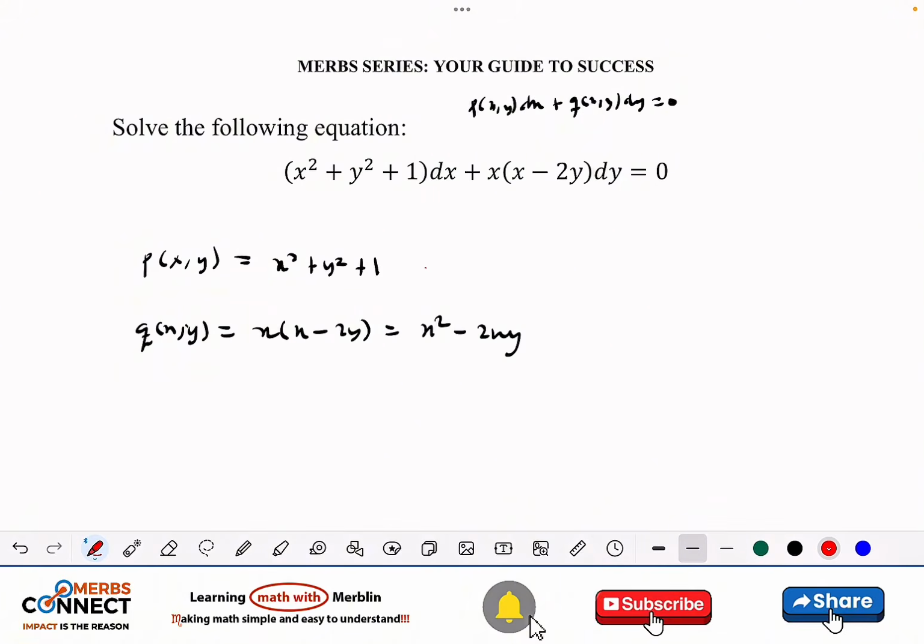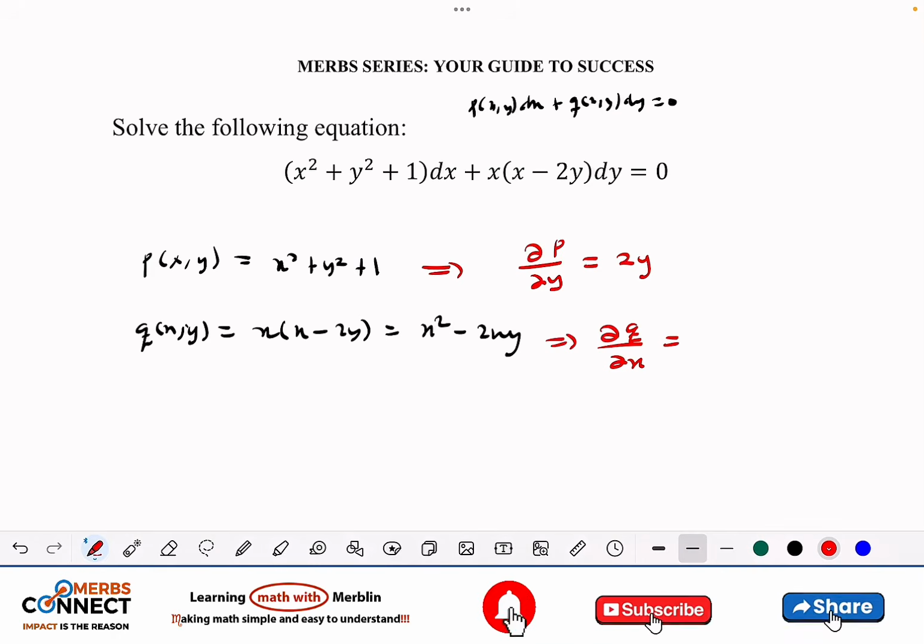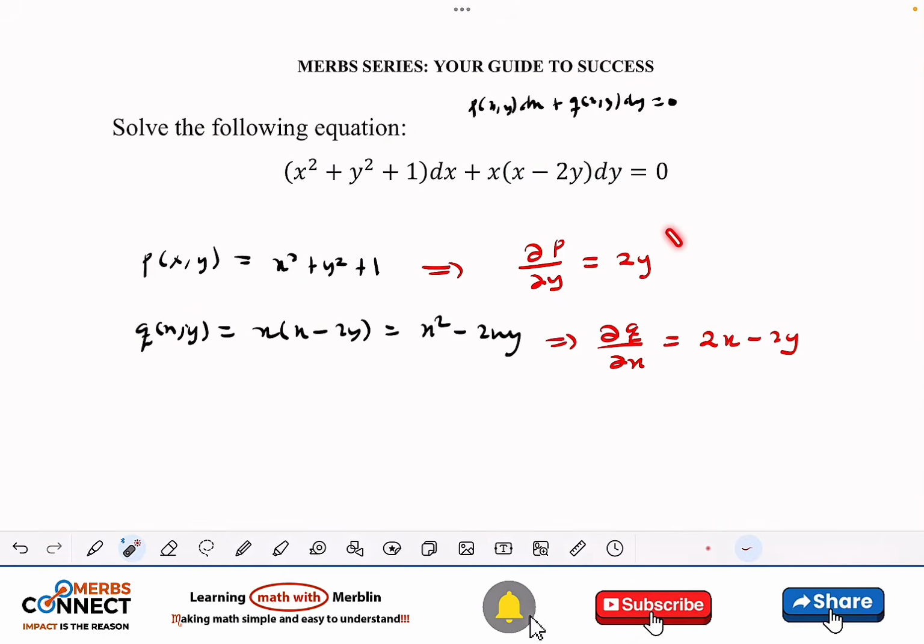So let's find the partial of p with respect to y. This is going to give us 2y. Let's find the partial of k with respect to x. This is going to give us 2x minus 2y. So indeed, this is not the same as this. So we are going to conclude that the differential equation is not exact.